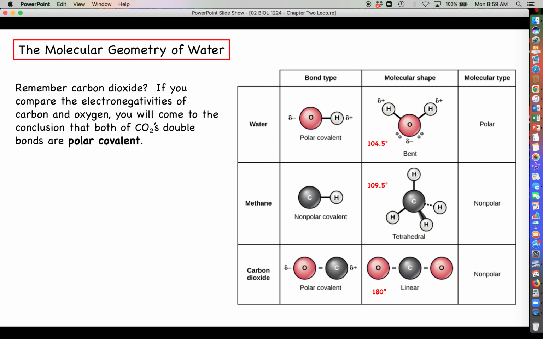In spite of that, carbon dioxide is a non-polar molecule. And our explanation for that is that because the bond angles for carbon dioxide literally are 180 degrees, the polarity going this way is canceled out by the polarity going this way. So even though each individual bond is polar covalent, the 2 polar covalent bonds pointing in opposite directions cancel each other out, so the whole molecule is actually nonpolar.